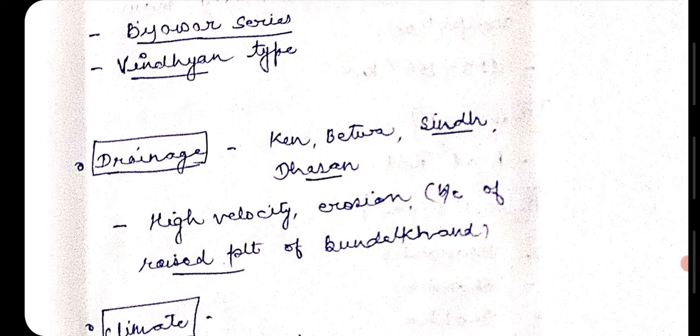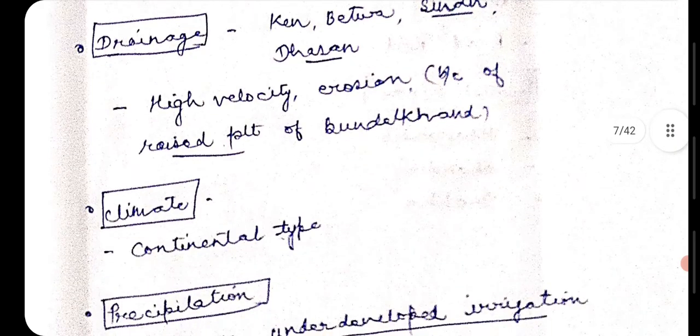Rivers have very high velocity, so high erosion. Why high erosion? Because the region is mainly the raised plateau of Bundelkhand, so the velocity of drainage is fast, and also forest cover is very low.